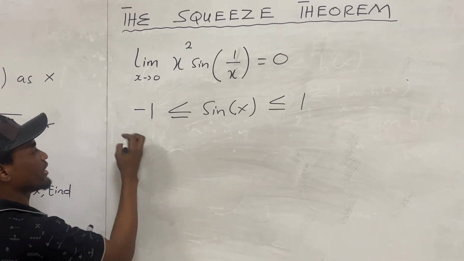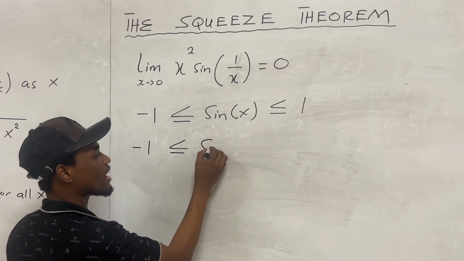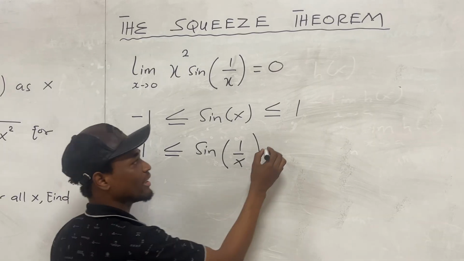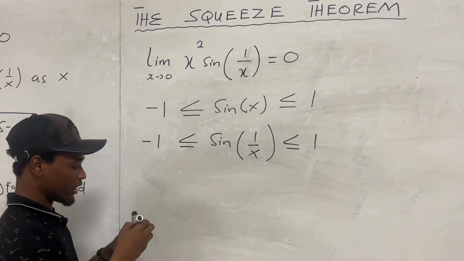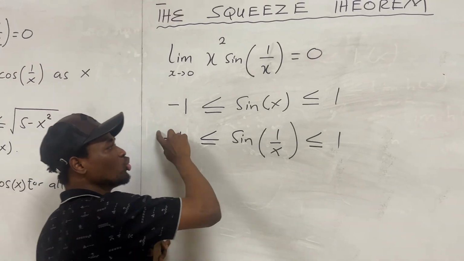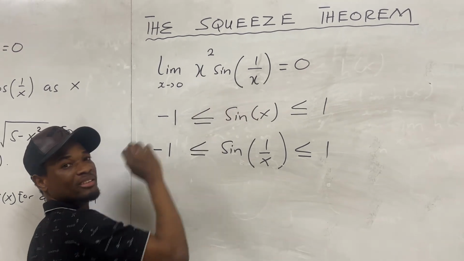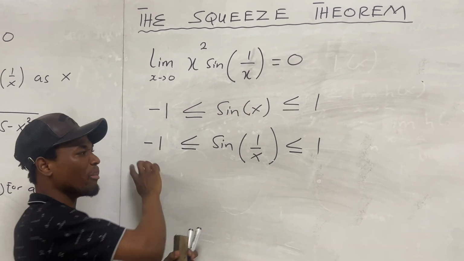So this is the same as negative 1 less than or equal to sine 1 over x less than or equal to 1. So what can we do to this, in order to get something like this? We need to adjust and manipulate this.